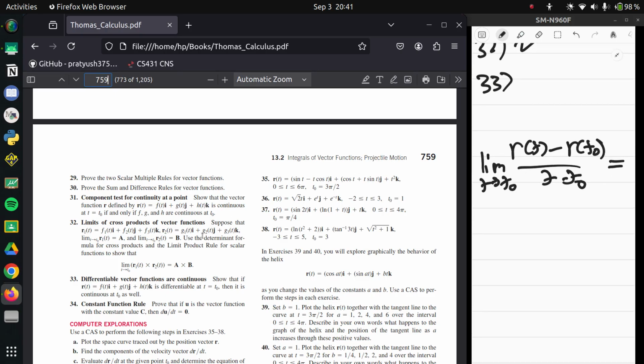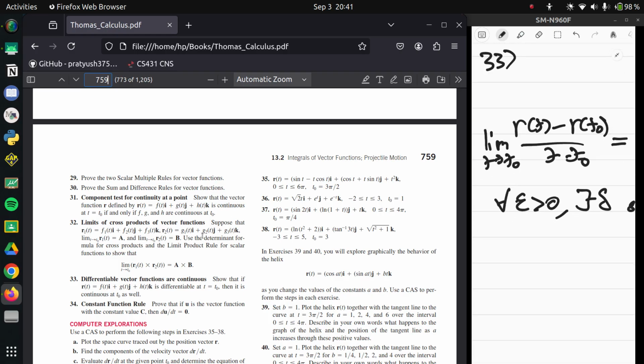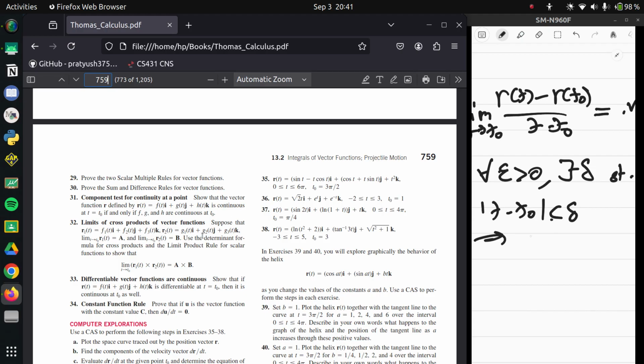So for all epsilon greater than 0, there exists a delta such that whenever your t minus t naught is less than delta, then that implies this stuff is less than epsilon, the norm.